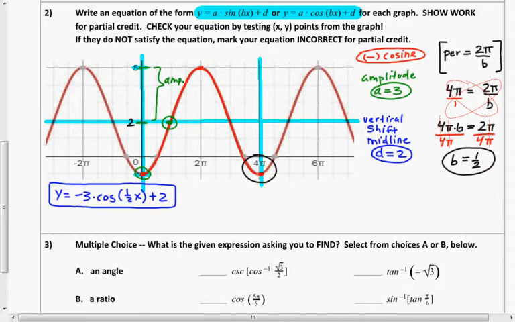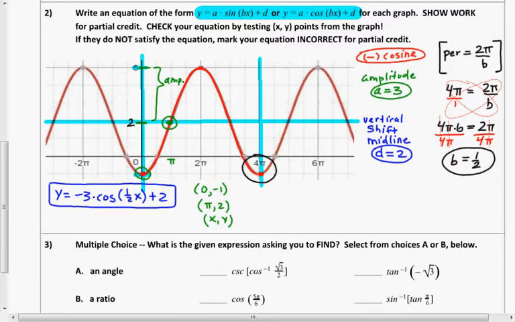The minimum point at the very start of the curve had a coordinate of 0, -1. And then that intercept would have been at pi, 2. So those are xy points that my curve passes through. They should be xy points that are solutions to the equation.